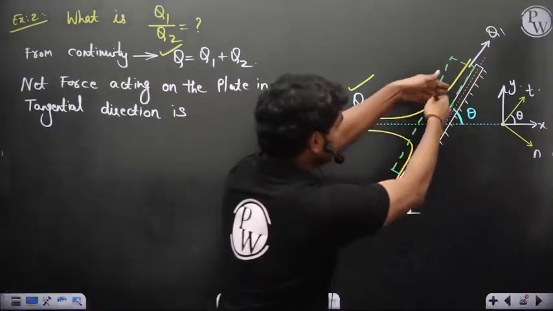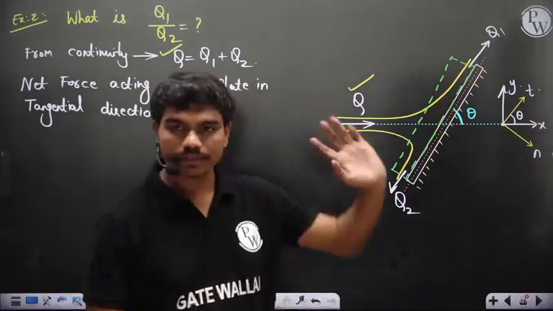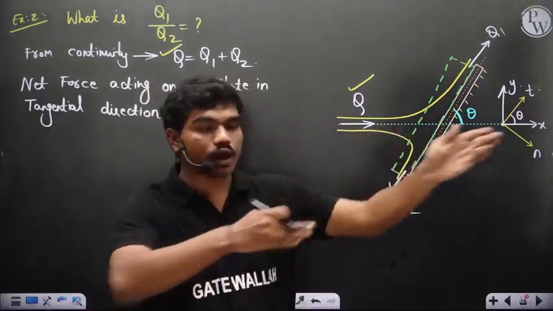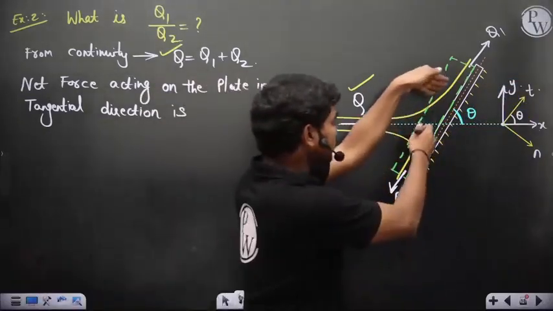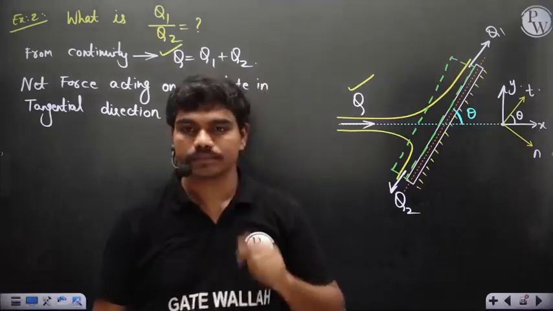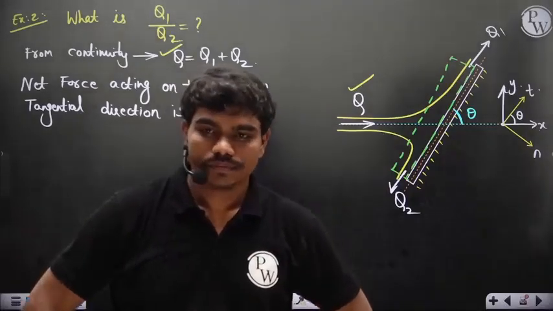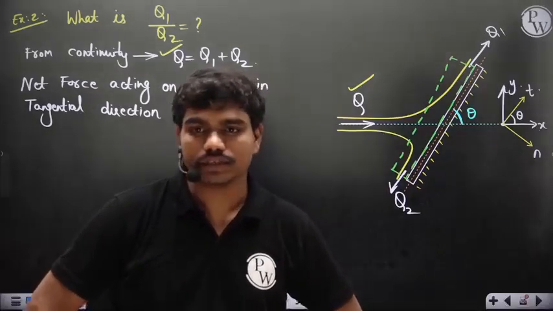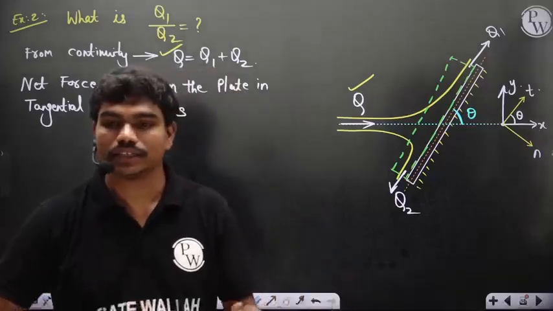Again, this is the direction in which the fluid smoothly slides, like the previous case. Whenever the fluid moves along the plate direction, the fluid smoothly glides in the tangential direction. So what is the net force acting in the tangential direction?